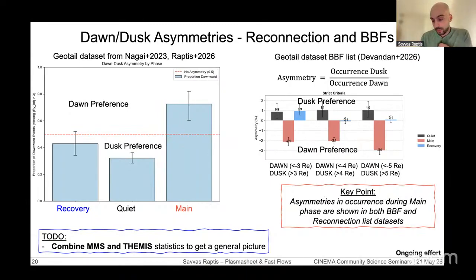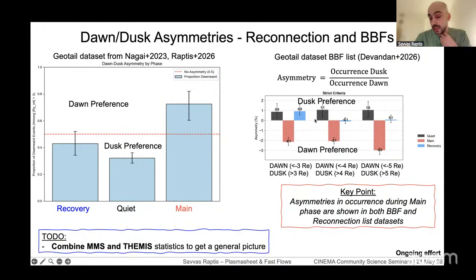This was made to compare with the list of magnetotail reconnection that Nagai et al. had in their paper. And what you can see here is that if we take on the left the magnetic reconnection examples and split them into different categories, there seems to be a dawnside preference when we are at the main phase of a storm.